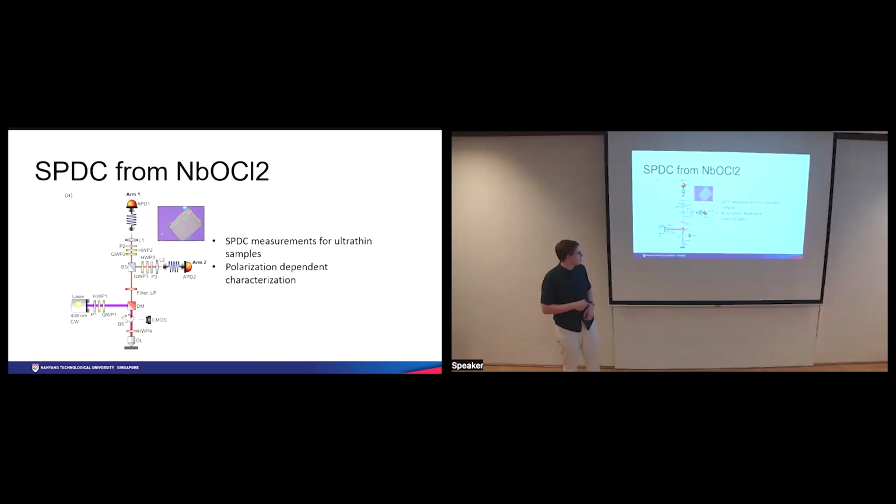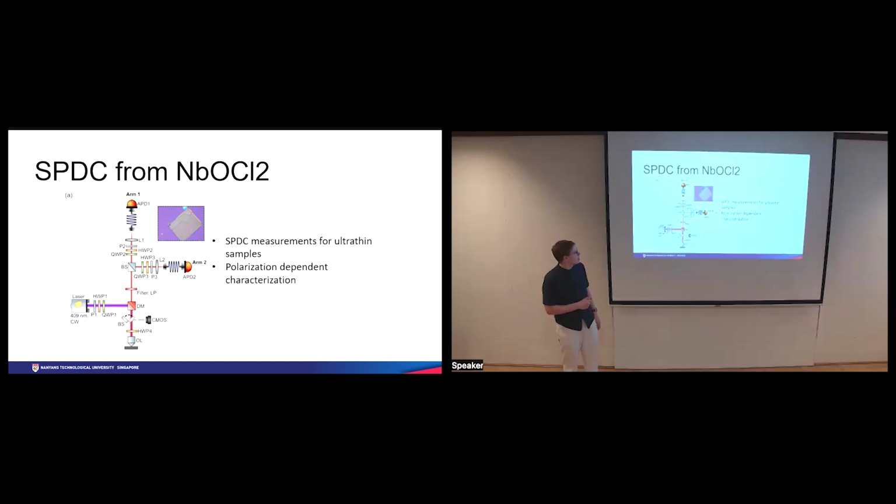Then with a dichroic mirror, in our back reflection geometry, we collect the photon pairs that are generated at the sample. And then with the beam splitter, we can measure the coincidences. With our setup, we have all the polarization optics to fully characterize the quantum state.